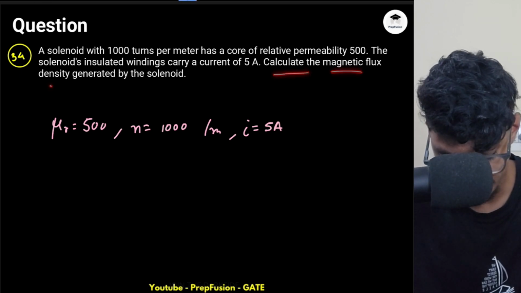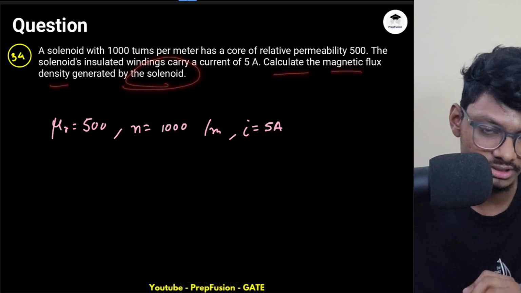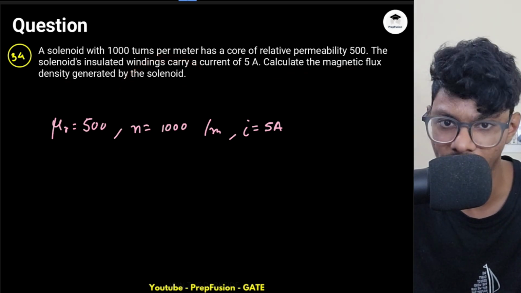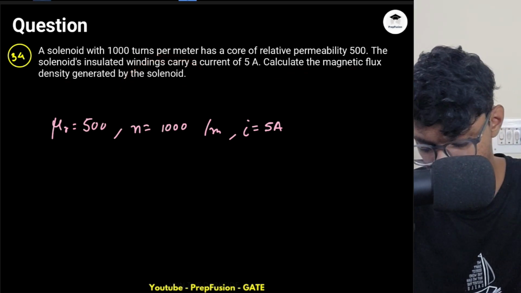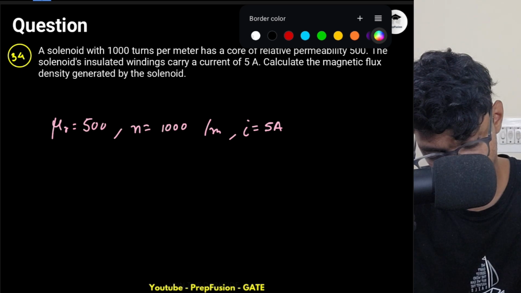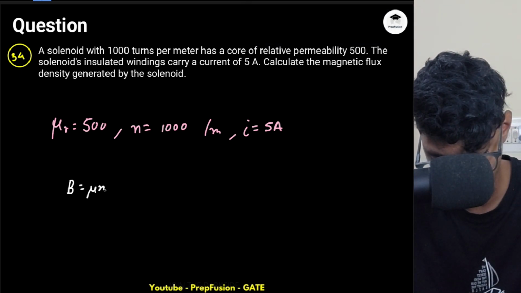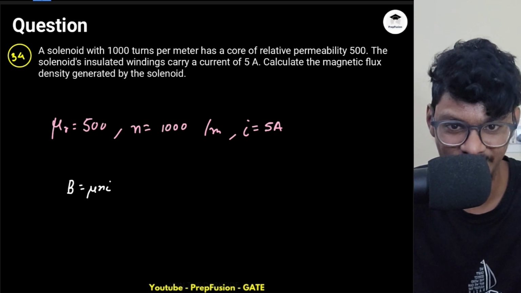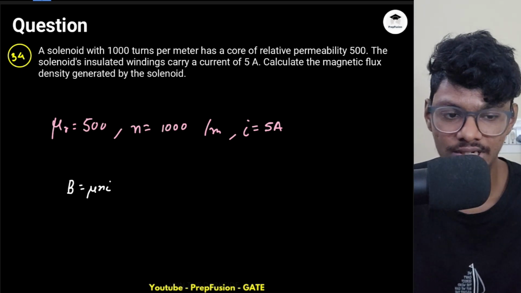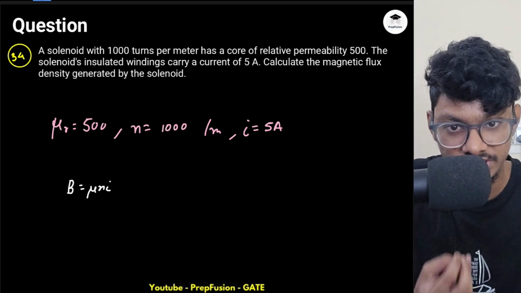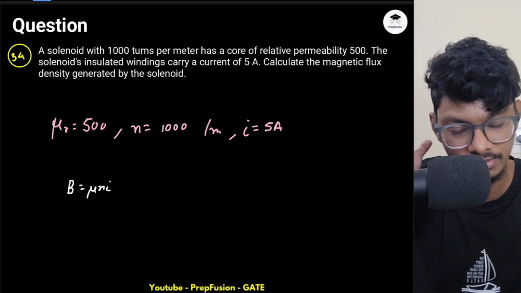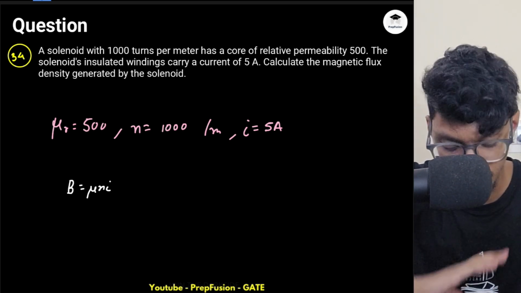Calculate the magnetic flux density generated by the solenoid. Whenever they talk about the magnetic flux density, assume they are talking about the center. So B equals what? I have just derived the formula: B equals mu n I. This first time I am giving you a simple question, just putting in the values, because the concept of turns per length may not get totally into your head, so I just wanted to clear it out.